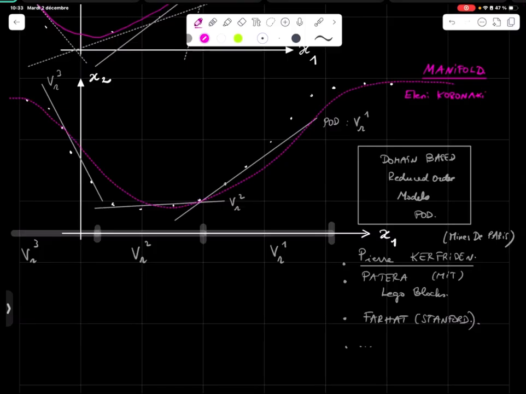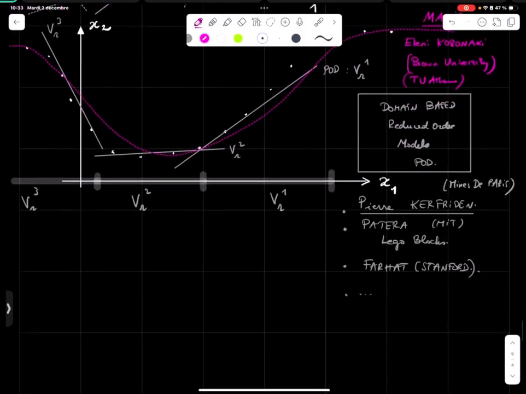So you can take a look also at Brown. And the Technical University of Athens with Bouboulis, because they work together.